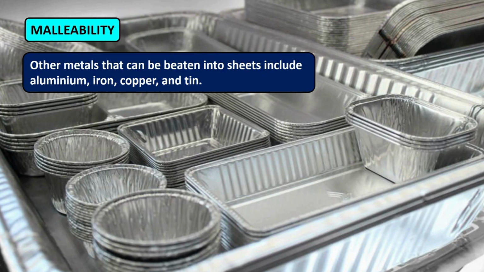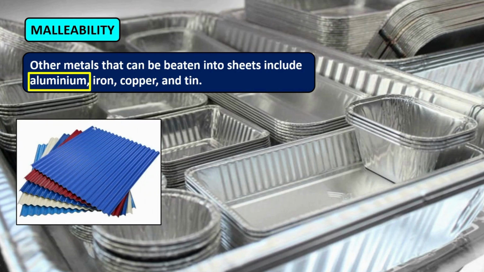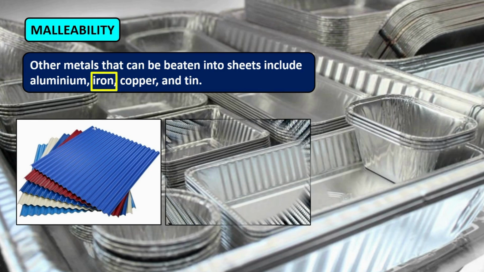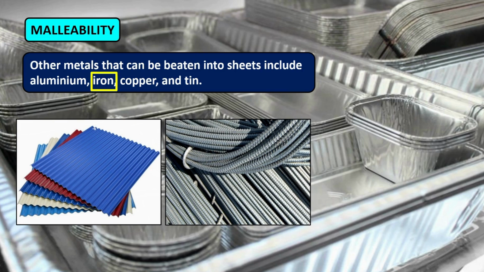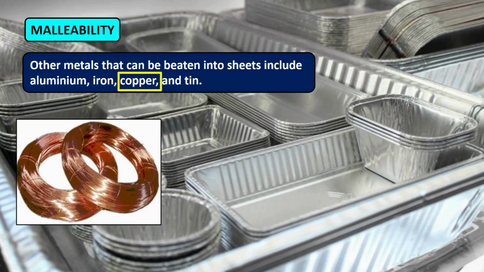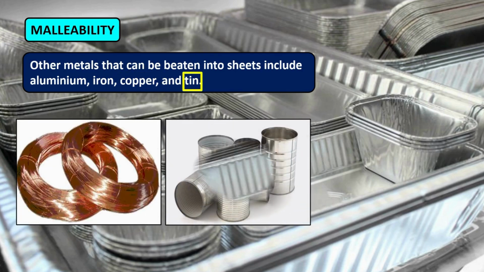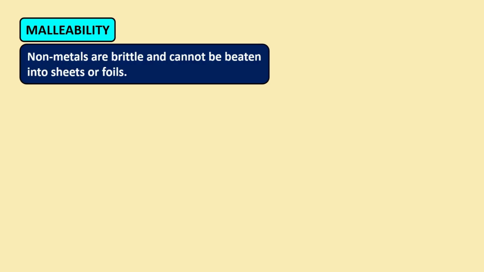Other metals that can be beaten into sheets include aluminium, iron, copper, and tin. Non-metals are brittle and cannot be beaten into sheets or foils.